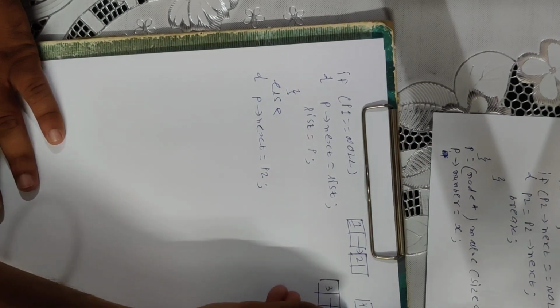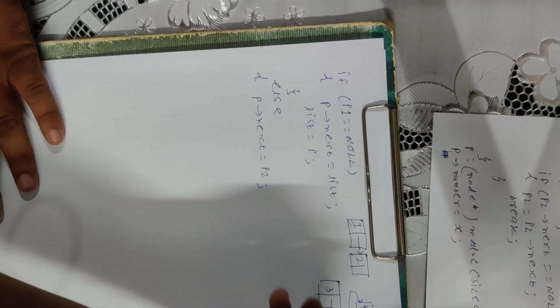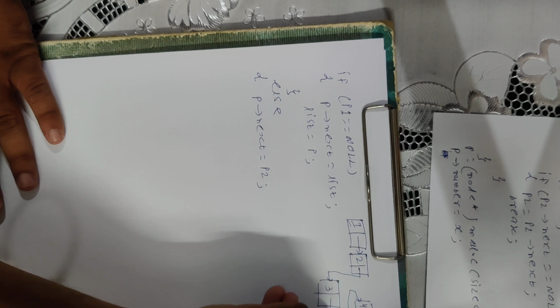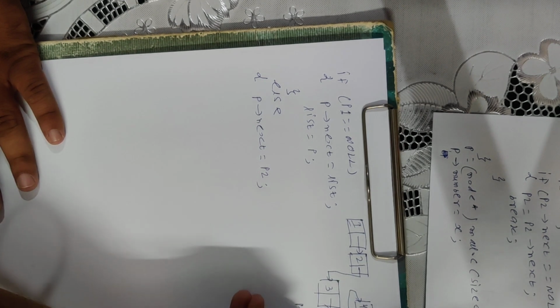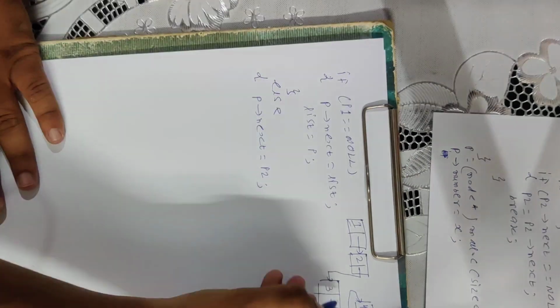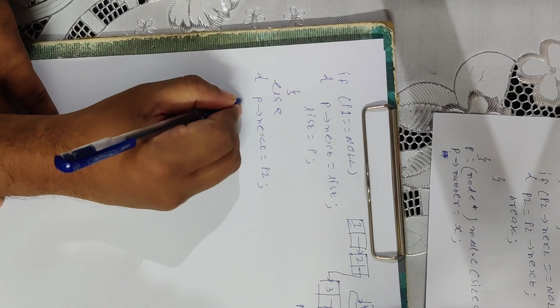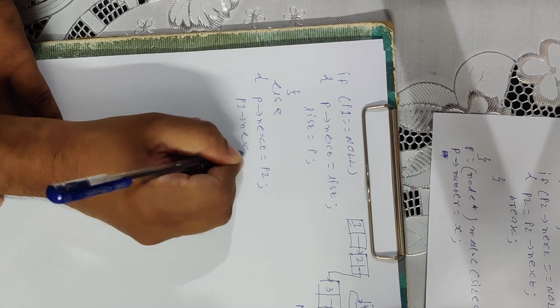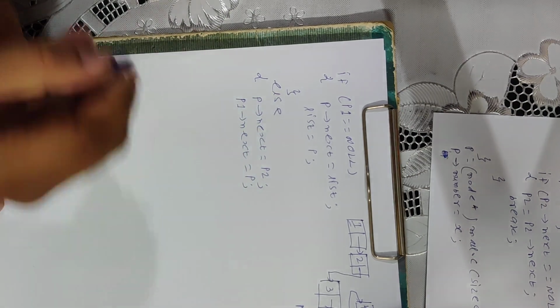So what I have done is I have connected these two. Now what I have to do is I have to make this connection. So this connection is basically made by P next is equals to P2. For making this connection, I am using P1 next is equals to P.